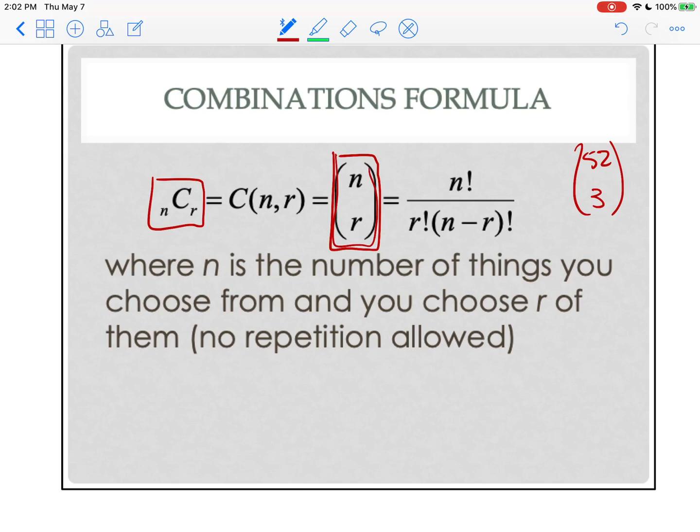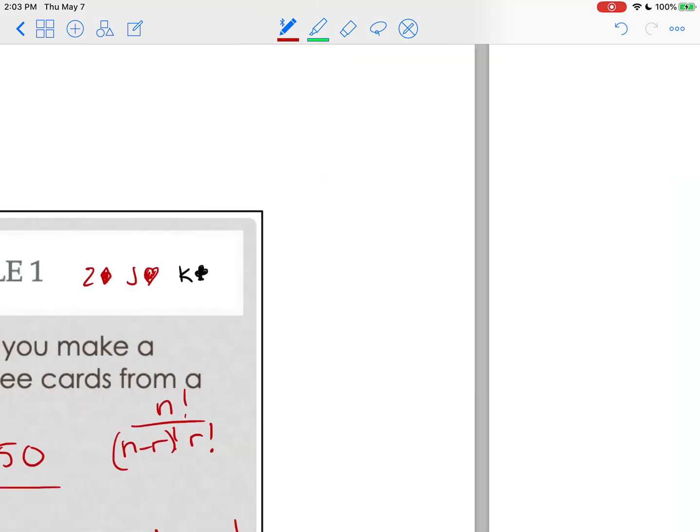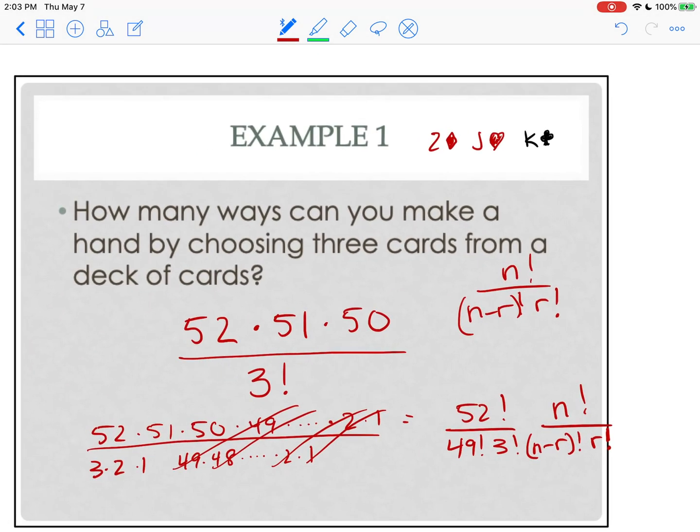You're going to go to math, over to probability. Number 3 is nCr. You can type in 52 choose 3, and you get 22,100. I don't think I actually ever gave the answer here. So the answer here was 22,100.